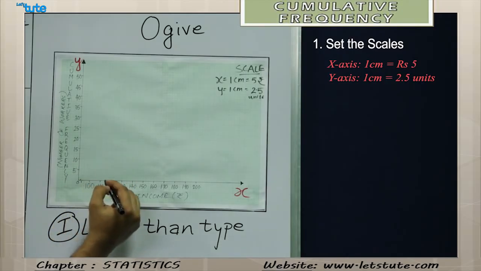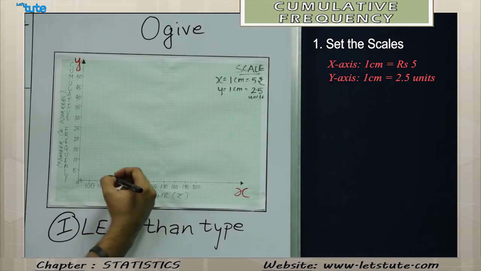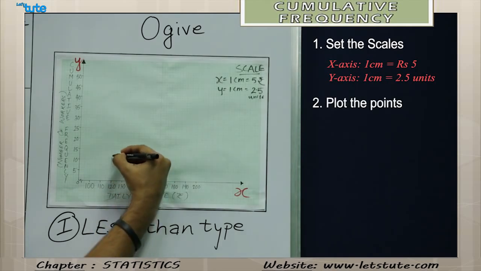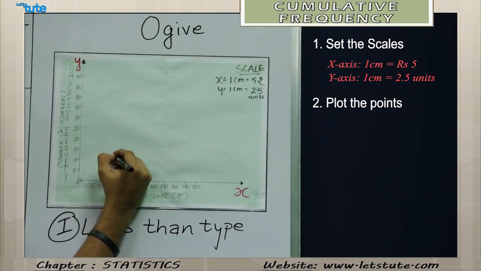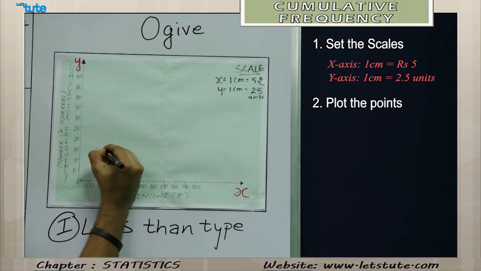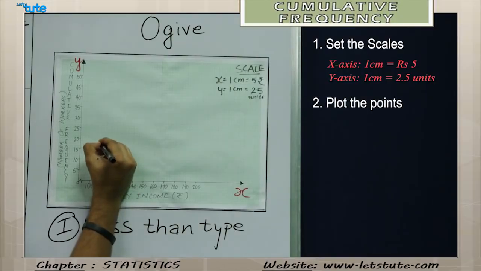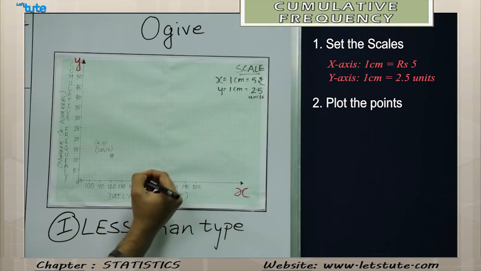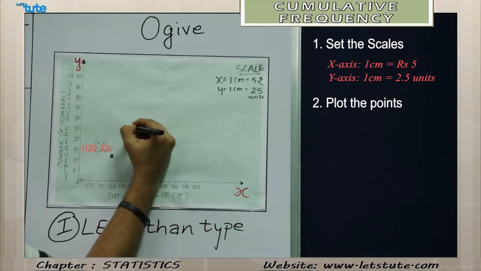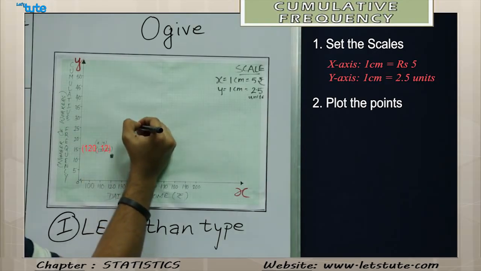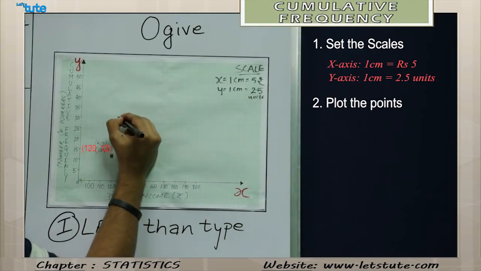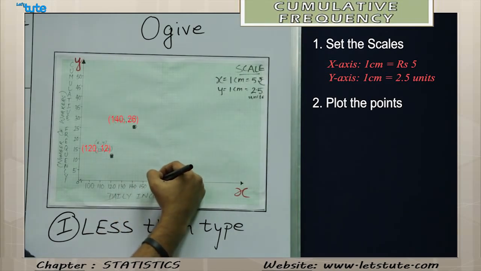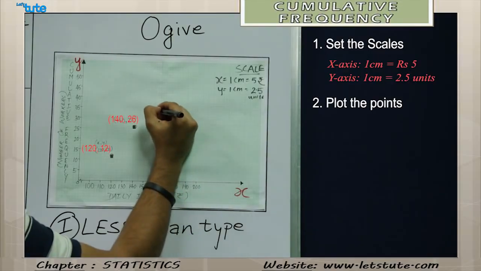Now the first point in our graph was 120 and 12. So we will plot 120 on the x-axis and 12 is something here on the y-axis, which is this point. So this is the x coordinate and this is the y coordinate. The second point was 140 and 26. 140 is here and 26 is somewhere here. The third point is 160 and 34, which falls here.